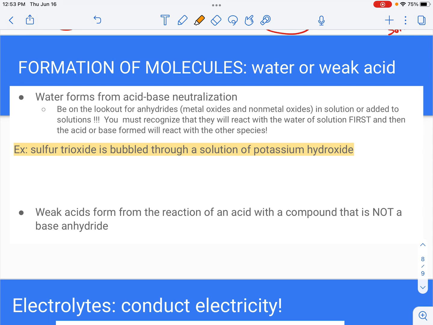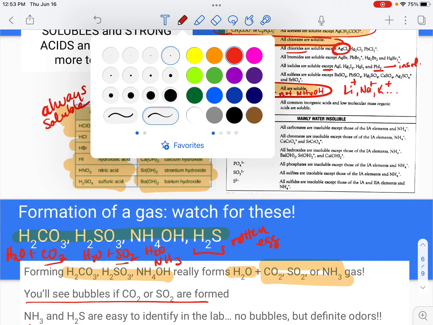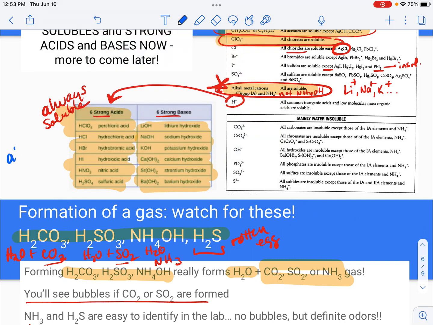All right, the final one is a little bit more complicated. This would be the formation of a molecule. The molecule could be water or a weak acid. So from your strong acid list, all acids that are not strong are considered to be weak. And what this really means is that they stay as molecules.